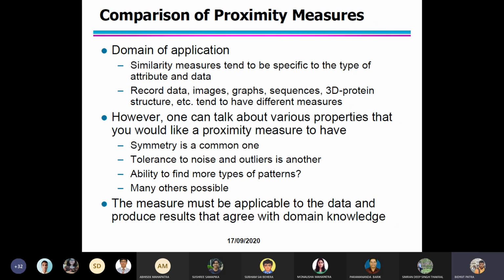So the summary of this slide is that whichever similarity measure we apply depends mostly on the application.